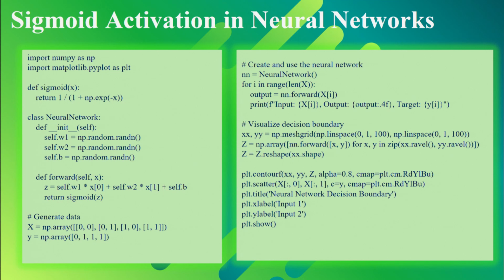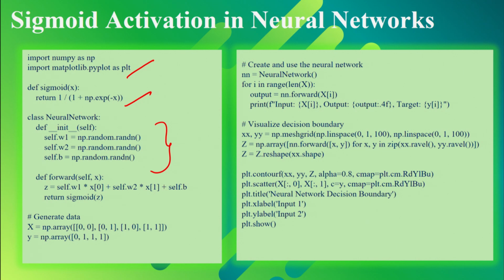So, if you see the code of the sigmoid activation in neural networks, we already imported the NumPy library and the matplotlib library, and we have applied the sigmoid function. We call the sigmoid function, the neural network is being built, the class is being taken, and here the weights have been assigned. Randomly the weights W1, W2 have been assigned, and the bias has been taken from a randomized number.